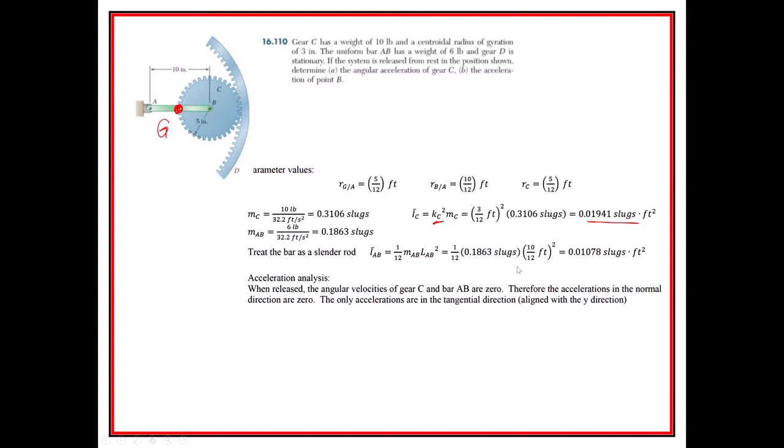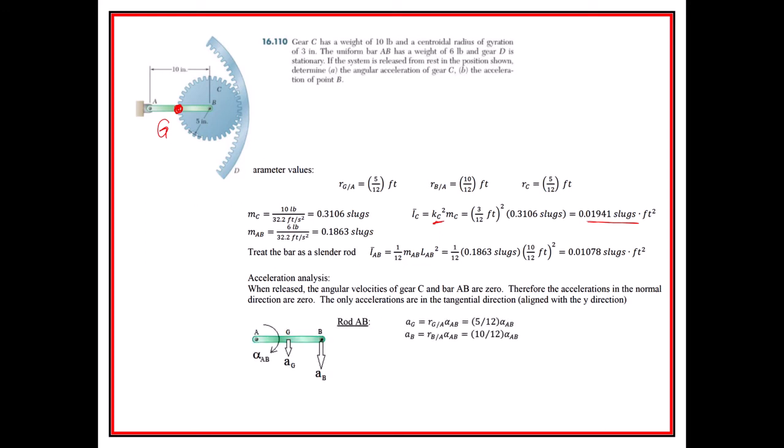So a lot of times we need to do a kinematic analysis before we can proceed with the kinetic analysis. We set these things up because we'll have a lot of unknowns, but we do want to get this out of the way. When released, the angular velocities of gear C and bar AB are 0, so the normal accelerations are all 0. The only accelerations we're going to experience are in the tangential direction, and all of those accelerations will be aligned with the y direction.